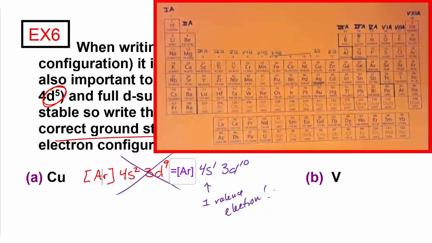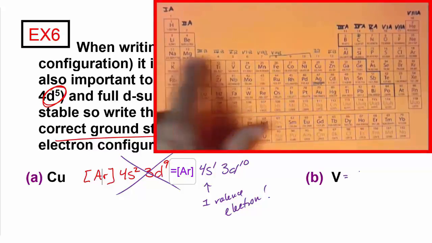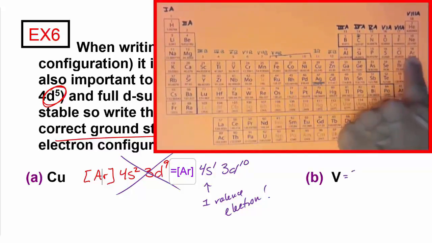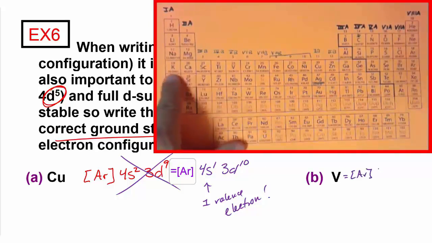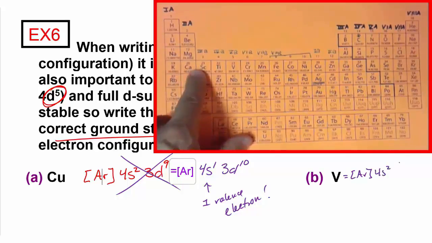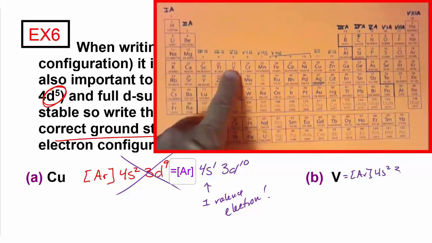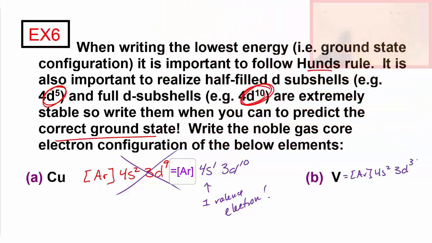Vanadium. Vanadium is here, so its noble gas core notation is argon, 4s2, 3d1, 2, 3. 3d3.